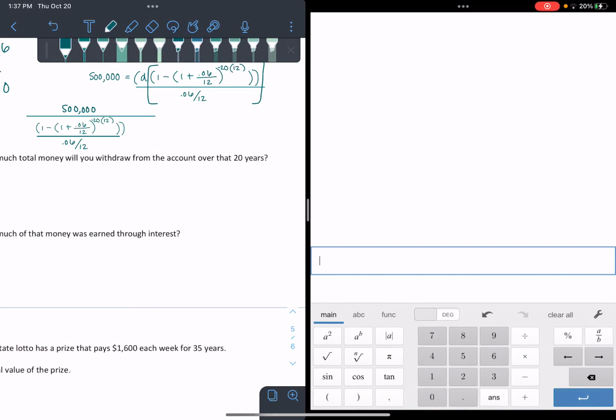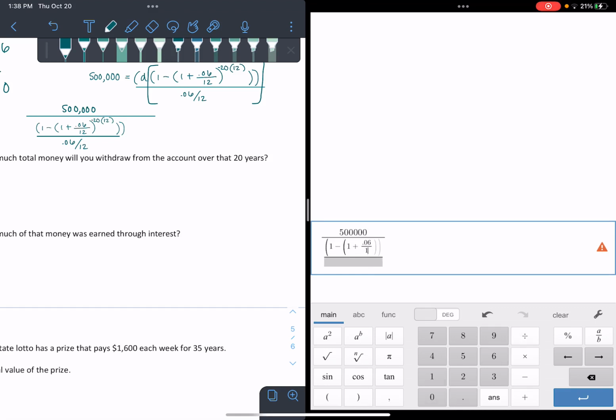And what we want to type this time is 500,000. That's the top. And then underneath that, I'm going to hit the fraction button again because there's going to be a fraction on the bottom there, right? And then 1 minus, parenthesis, 1 plus 0.06 divided by 12.